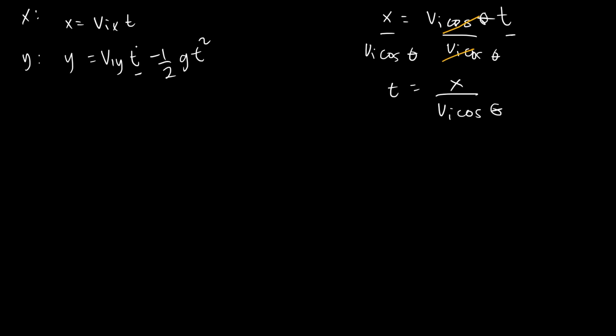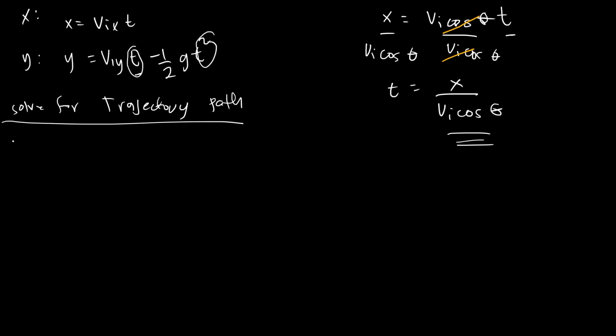That means all the variable time here will be replaced by this term here. So now solve for the trajectory path. This is equals to y is equals to v sub i y here, which is equals to v sub i sine of theta.